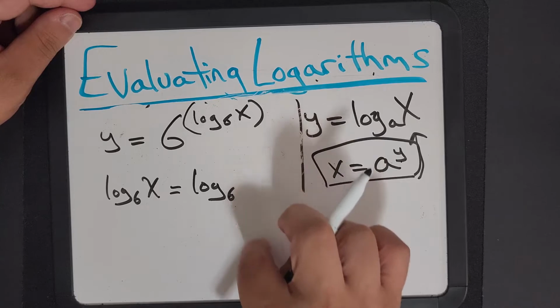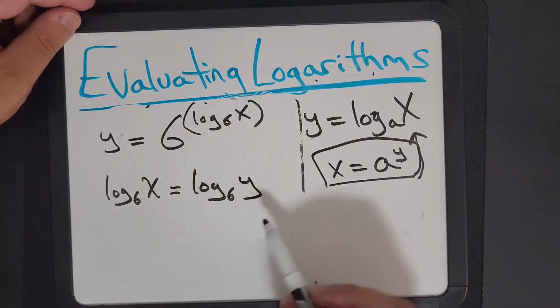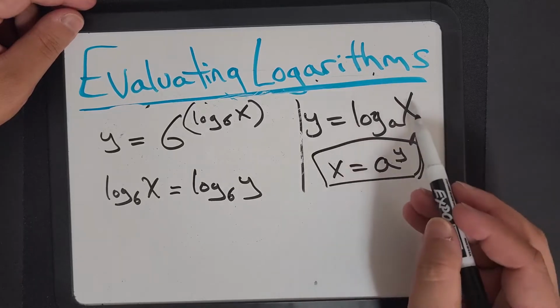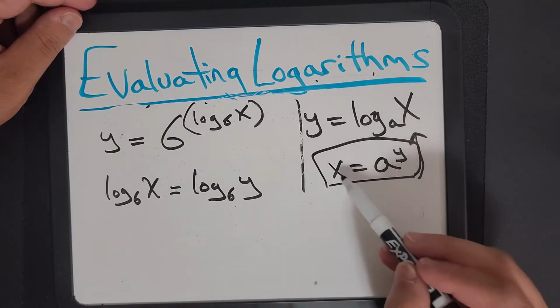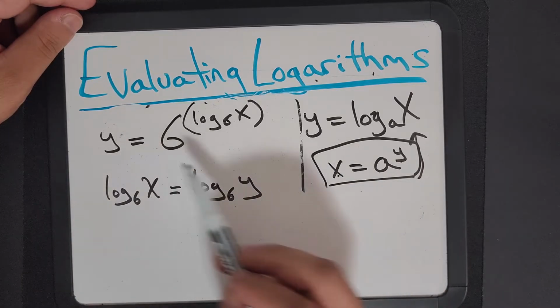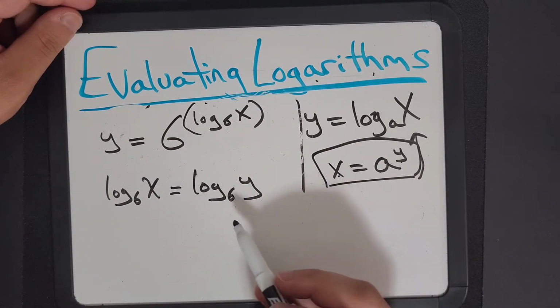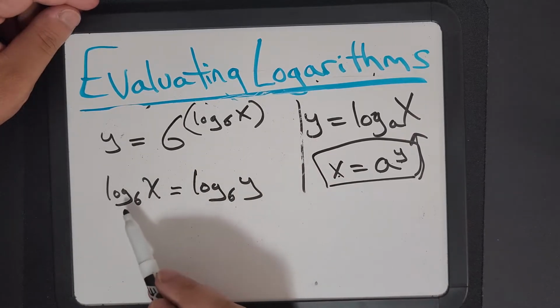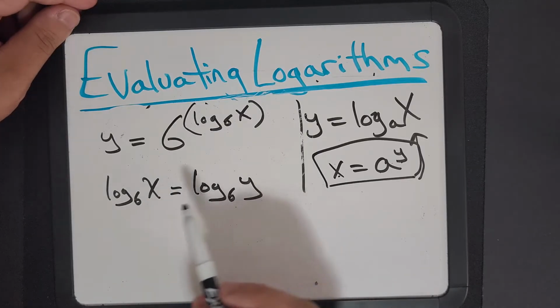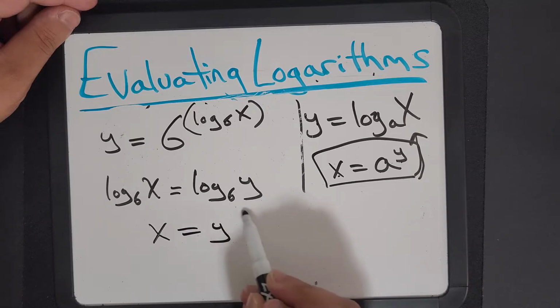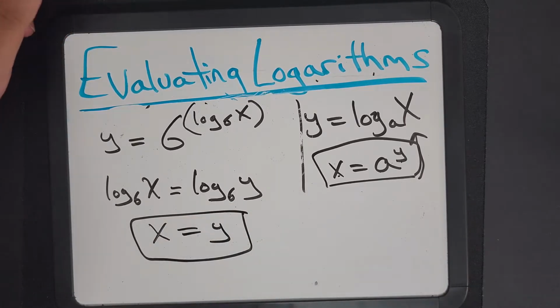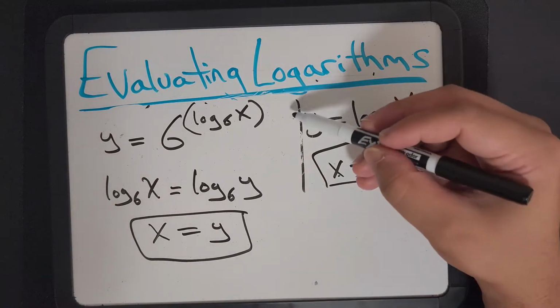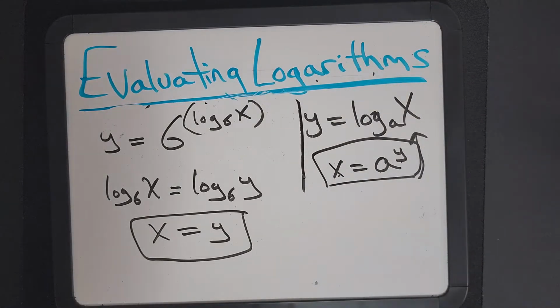Sorry, in uppercase. That was a y here. So that x is coming from here. So for my case, y is coming from there. So now I have these two, and obviously log base 6 of x equals log base 6 of y, which means x is equal to y. Again, you might think that we didn't really actually do anything to this, but more times than others, you're really just proving things. So, congratulations on proving this.